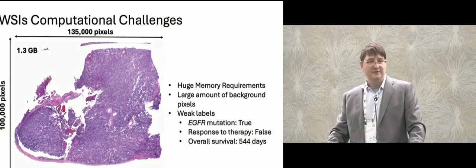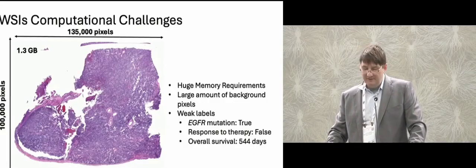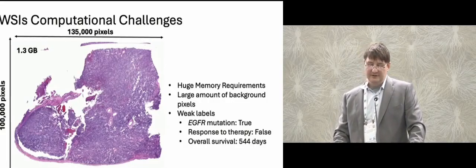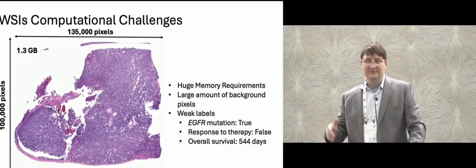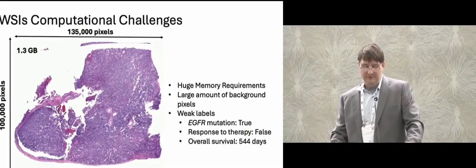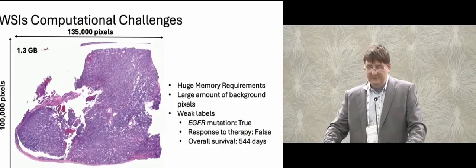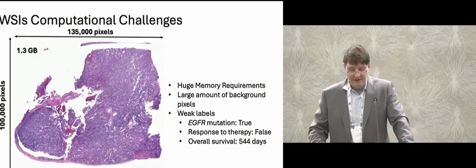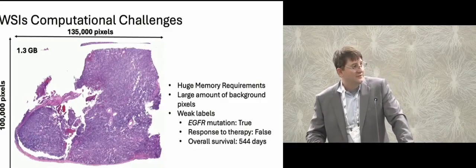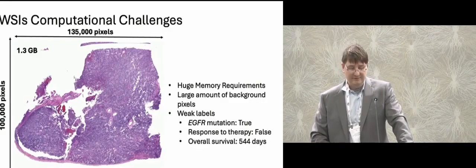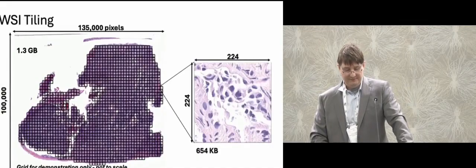So in order to train models at the slide level or the case level, you essentially have weak labels across the entire large case. The types of labels we interact with are whether mutations are present, whether the patient responded to therapy or not, or maybe something like survival. Those are the types of challenges that we look at.